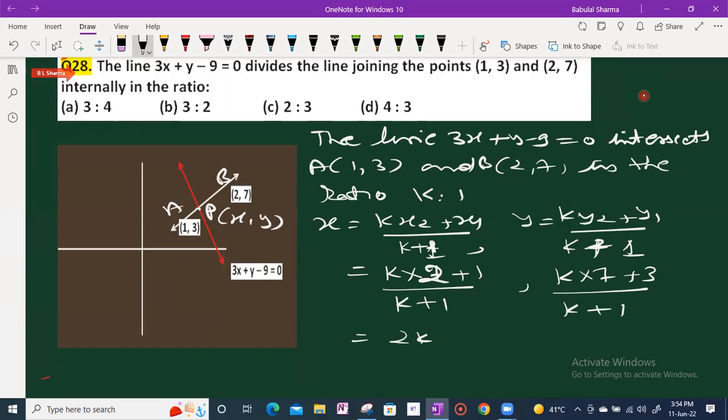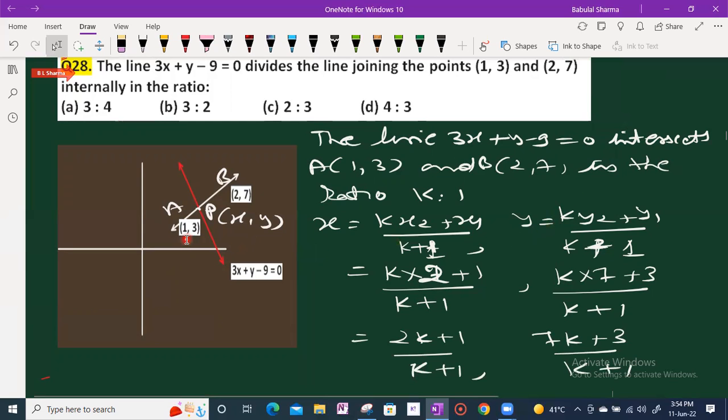So you can write (2k plus 1) upon (k plus 1) and (7k plus 3) upon (k plus 1). Here x1, y1 is 1, 3, x2, y2 is 2, 7, and the ratio taken here is k is to 1. So using this formula.